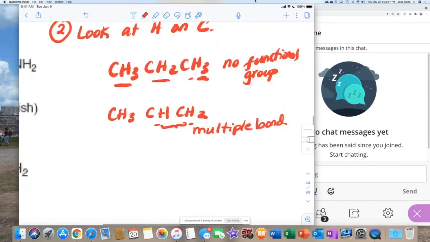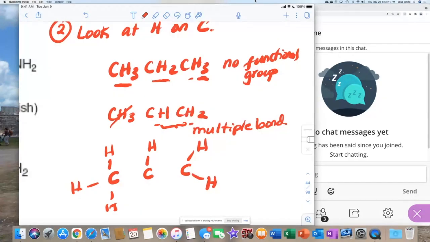So when you draw your Lewis structure for this part, you have carbon, 3 hydrogens like that for the first one. The second one will have carbon, 1 hydrogen. The last one will have carbon, 2 hydrogens. So the only thing that makes sense here is, of course, this first one has got 4 bonds. This middle one and the third one on the right will have to have 2 bonds for this structure to work. You see what I'm saying?